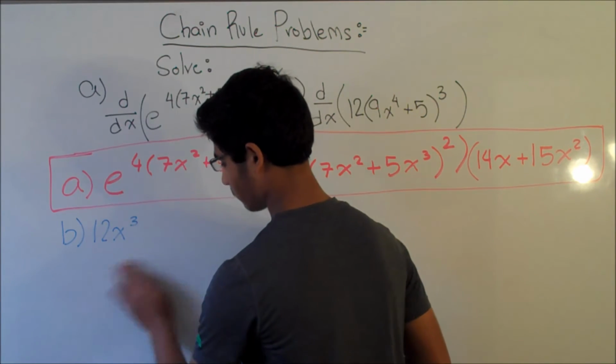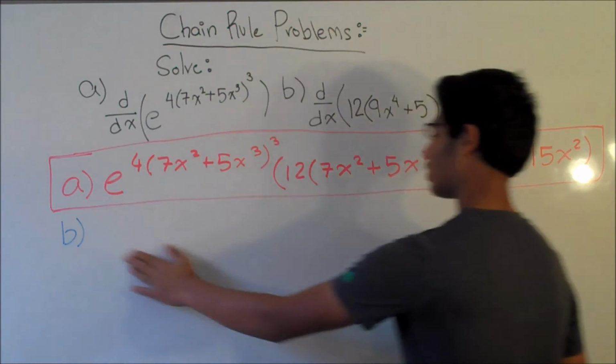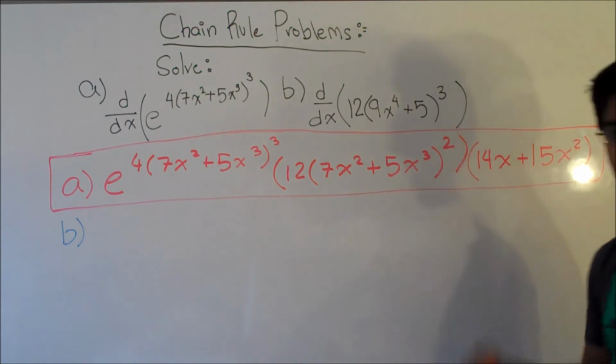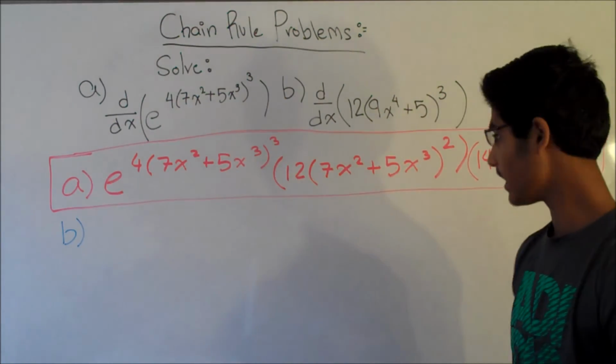So we have 12x cubed, which becomes 3 times 12 is 36x squared.